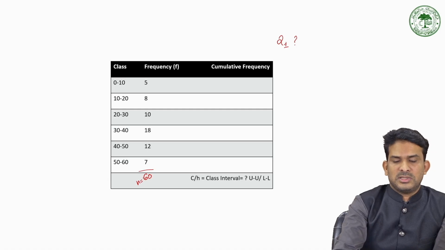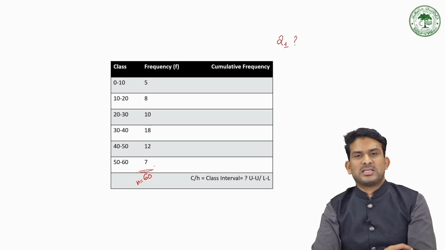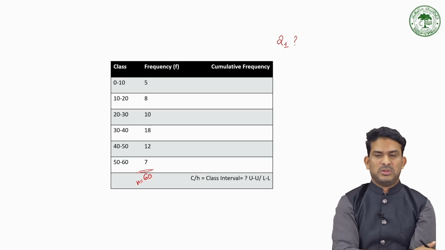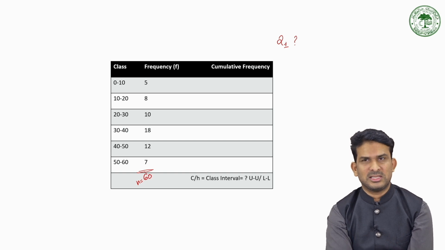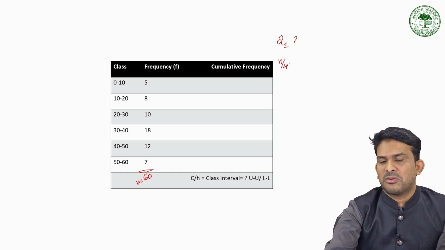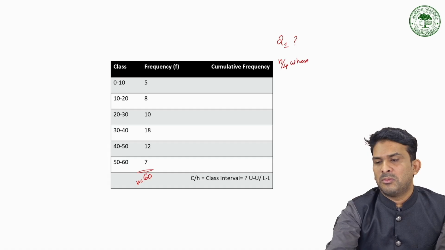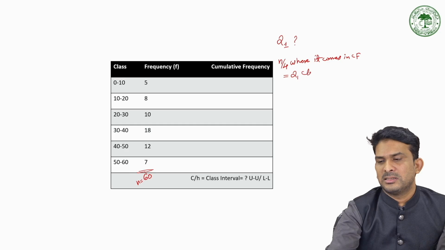I have just identified N first. What is next we have to see? Cumulative frequency. Where N by 4 comes, that class is the Q1 class.